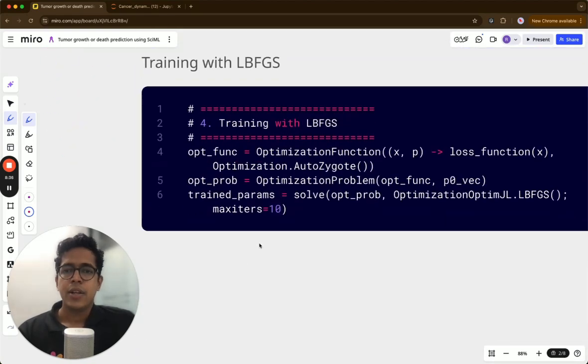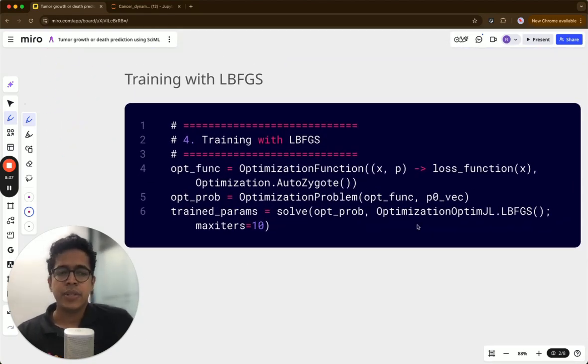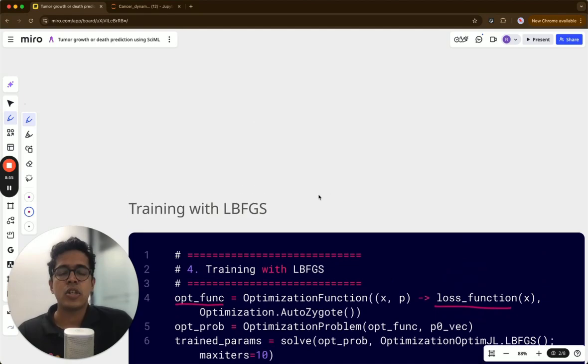And then you train the neural network using this particular optimizer, LBFGS. BFGS is like the names of four people who came up with this algorithm. Here, what you do is you try to minimize the mean squared error. So first you say your optimization function is the loss function itself. Where is this loss function defined? Here.